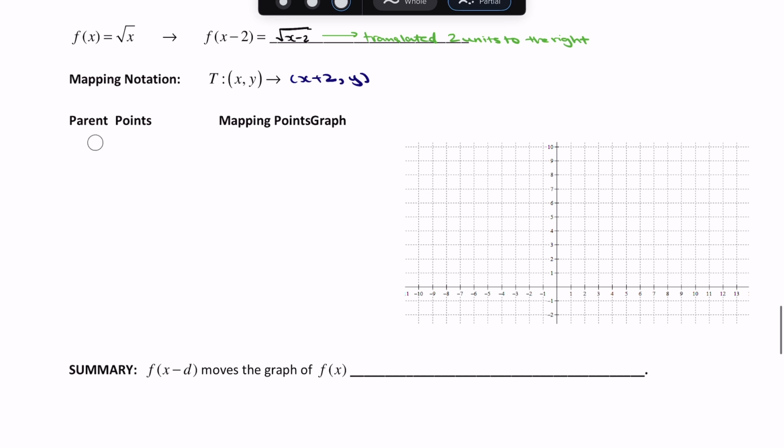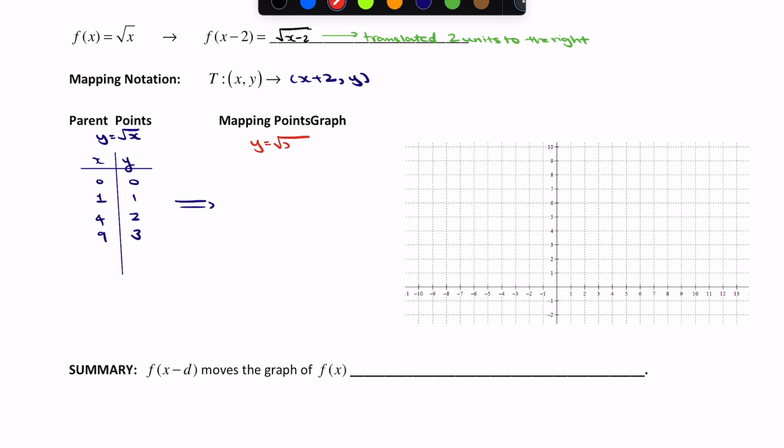Get our parent function, y equals square root x. Again, our x values are 0, 1, 4, and 9, and 0, 1, 2, and 3 for our y values. And then our transformed function is y equals square root of x minus 2.